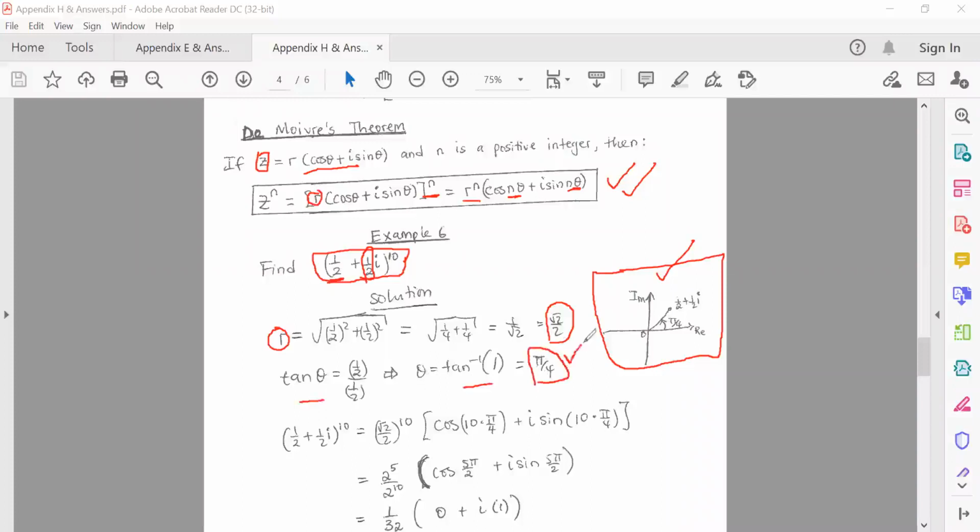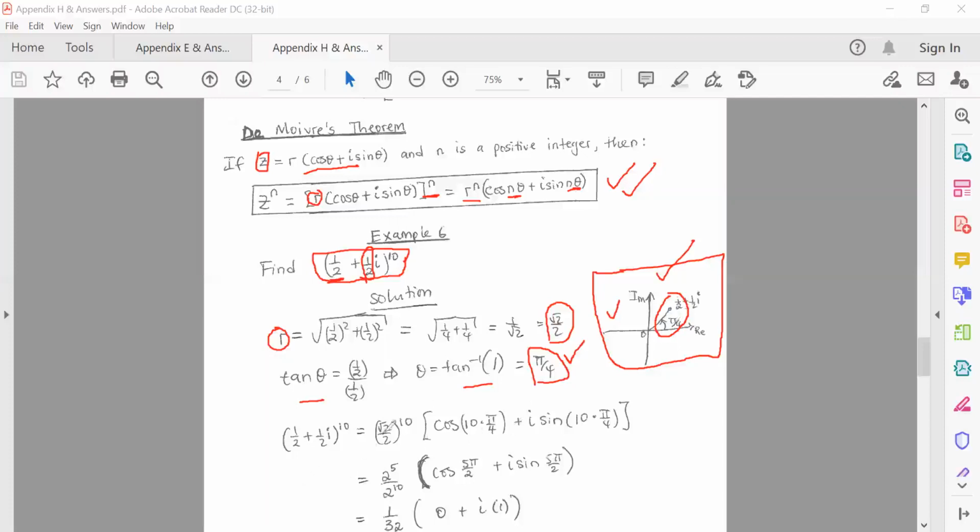Pi over 4 is accepted because we're dealing with the first quadrant. That's the reason why pi over 4 is accepted. If it was in the second quadrant and you gave me something like pi over 4, I'd just laugh. It means you actually know what to do. Pi over 4 cannot exist in the second quadrant. So pi over 4, because it is in the first quadrant.